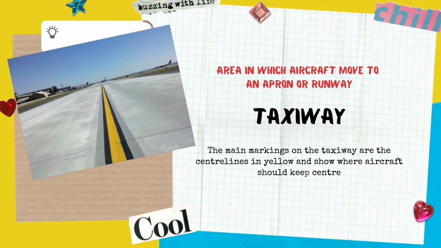For night operation, taxiways at many airports are equipped with lights. Blue light is the edge light. Green light is center light. And red light is stop bar light.